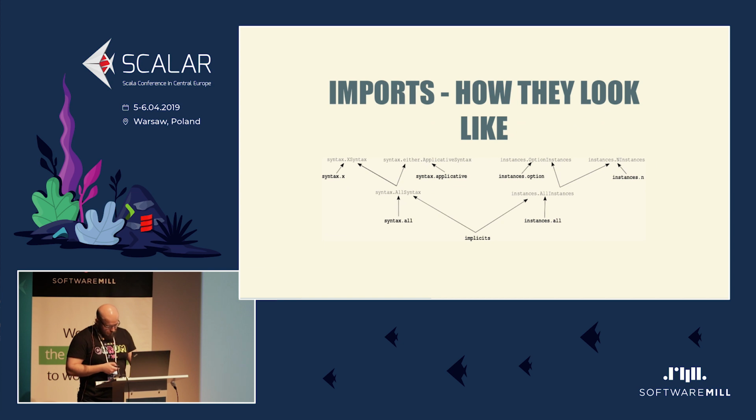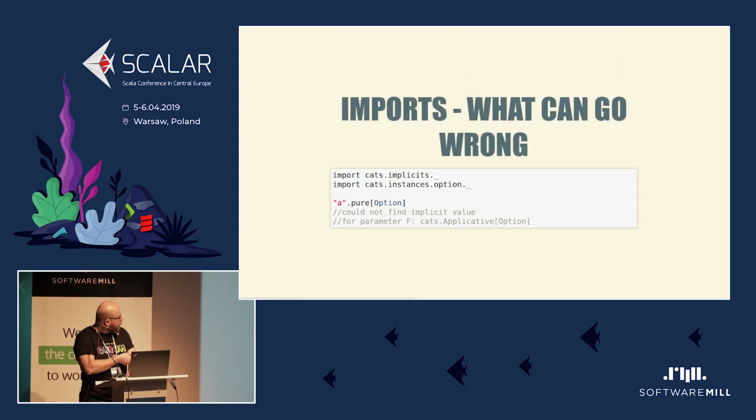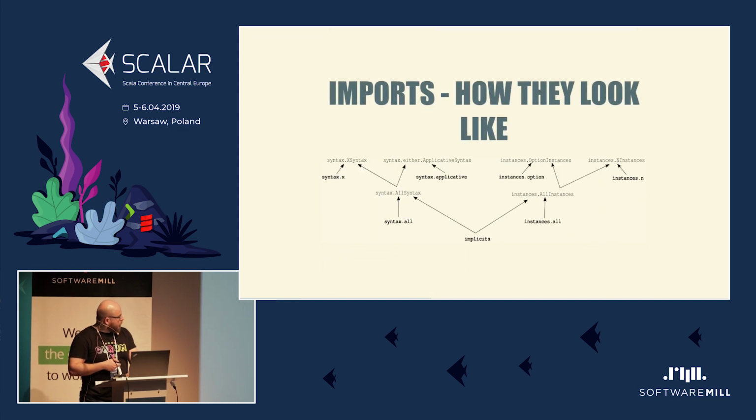So what happens in our example here? First of all, we had instances.option and cats.implicits. So we get instances.option and we go to option instances through here.